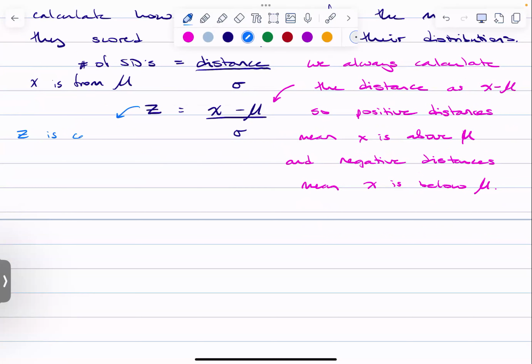Z is called a standardized value, which gives rise to Z scores.